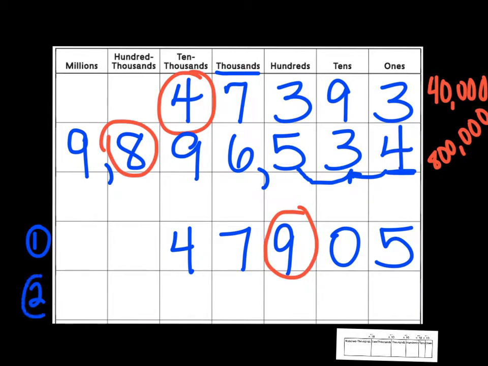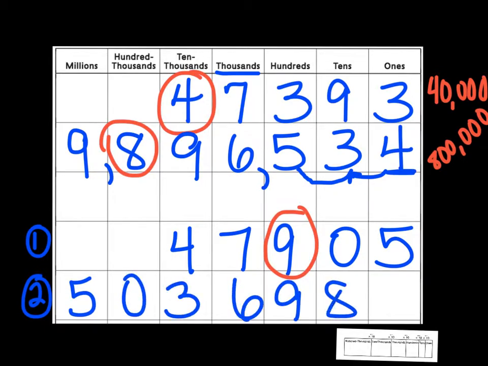Your second problem is going to be a bit larger. I would like for you to write the number down once again and give me the value of this 5. Make sure you've got that in your notes for Ticket to Group, and you'll bring that to class.